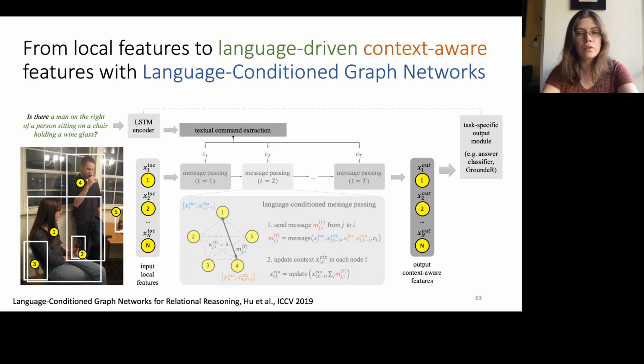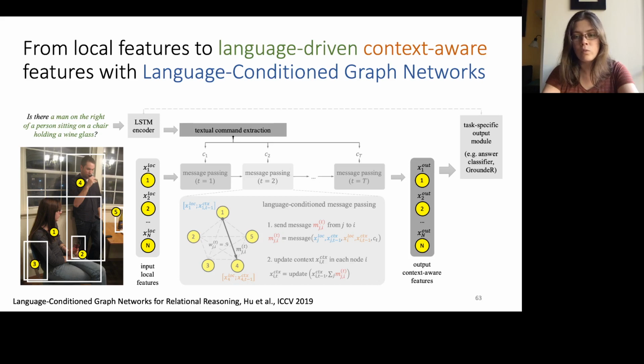So we have considered several tasks where we have an input description, a question, and an image. And we have a set of these local features, which could be object-centric or not. Our goal is to transform these local features into context-aware features, which we can then use in our downstream task-specific applications.